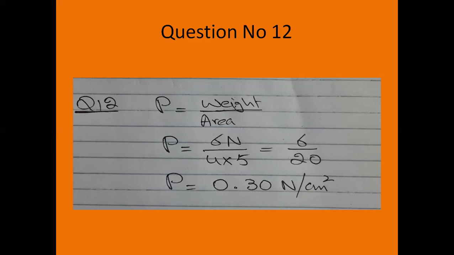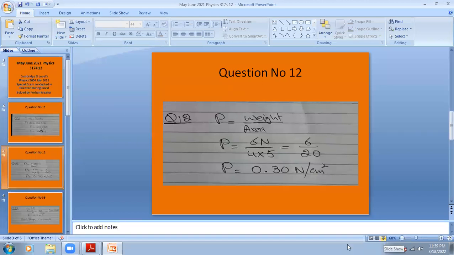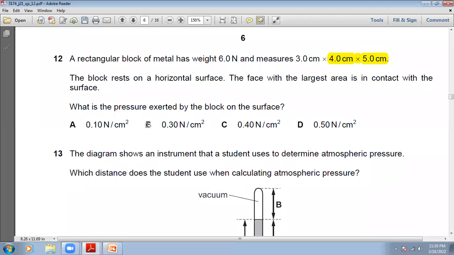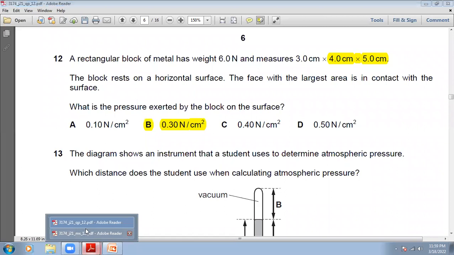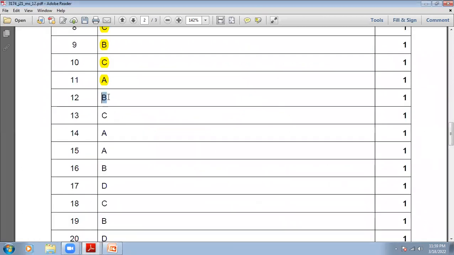So it will be 6 by 20, Newton per centimeter square, and that will be 0.30 Newton per centimeter square. So let's have a look at the options: 0.30 Newton per centimeter square. So I think B is the right choice, sir. Question number 12, B is the right choice.